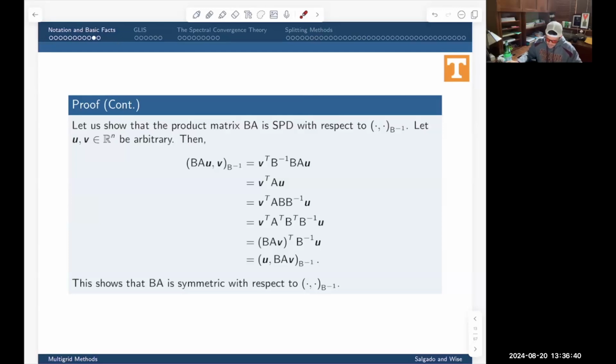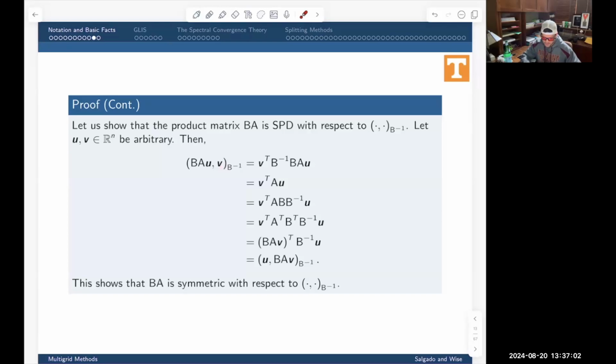So what we want to do is start off with an arbitrary U and V vector, both from Rn. Let's take that inner product, and we'll put BA against U on the left-hand side, and we'll put V on the right-hand slot.